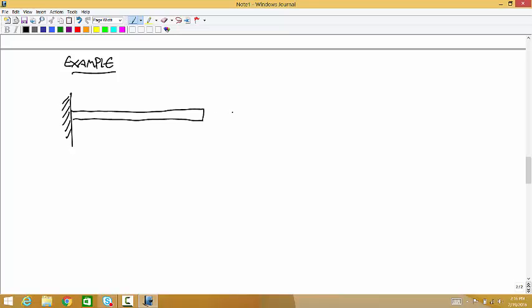And there is a load at the end of 1,000 newtons at an angle of 45 degrees below the horizontal. And then a couple applied at the end. This is the torsion part that we didn't deal with in statics. Also applied at the end. And we want to know what are the internal loads at the center line.